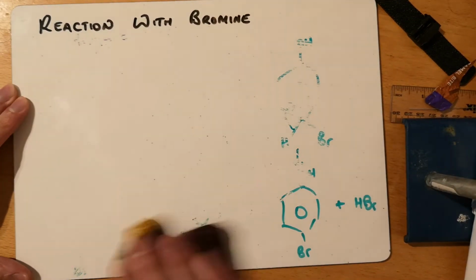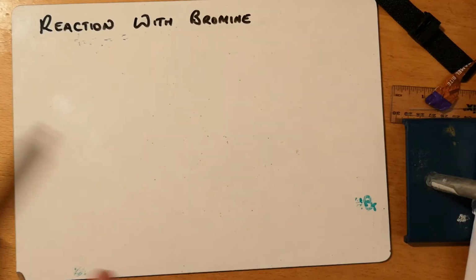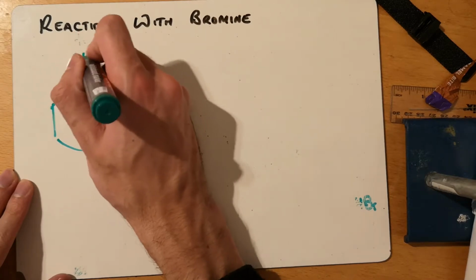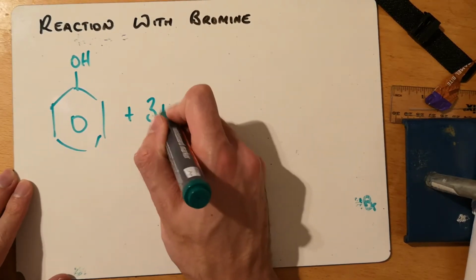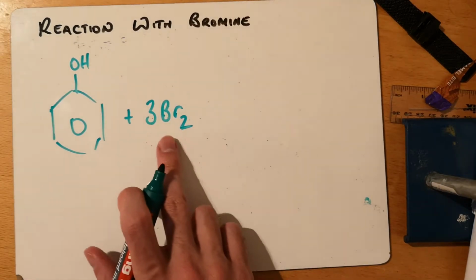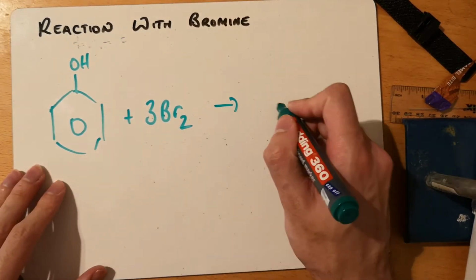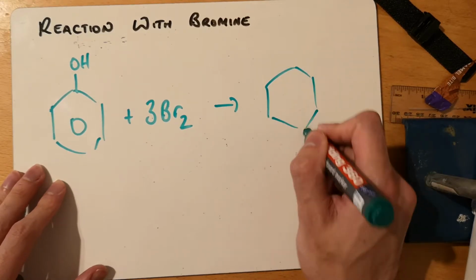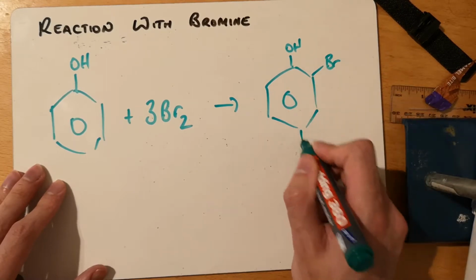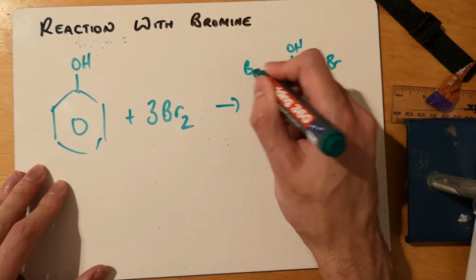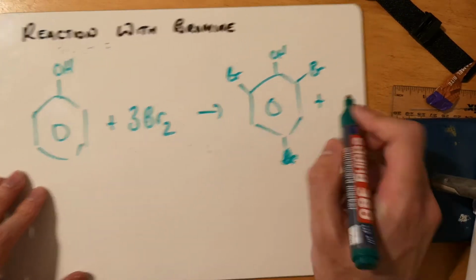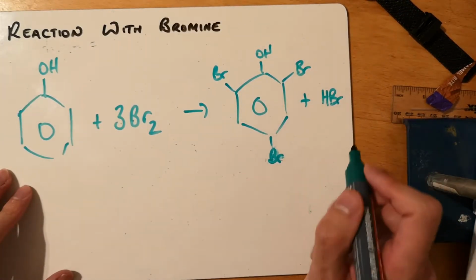Now, the general equation for this, so a bit of a mechanism there, is phenol will react with 3 bromines. Because every time it reacts with one of the bromine molecules, it produces a bromine attached to the phenol, and it either attaches in the 2, the 4 or the 6 position, and we also get hydrogen bromide given off.